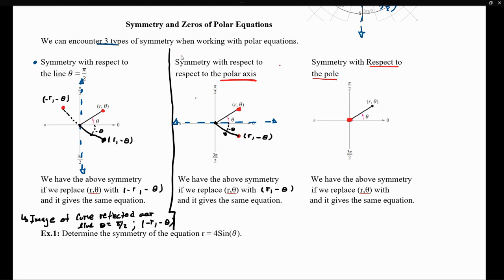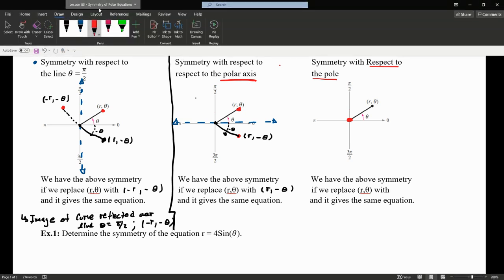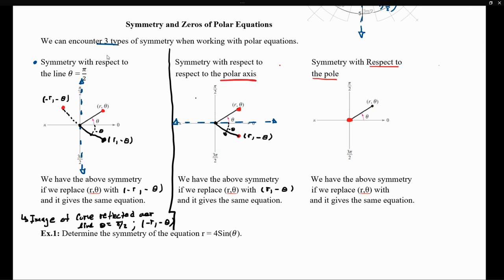But what do we mean by reflecting a point over a point? All that this means, at least in the context of polar coordinates, is if you have a point that is being defined as r comma theta, if you reflect that point over what is called the pole, all it's going to do is just change its direction.